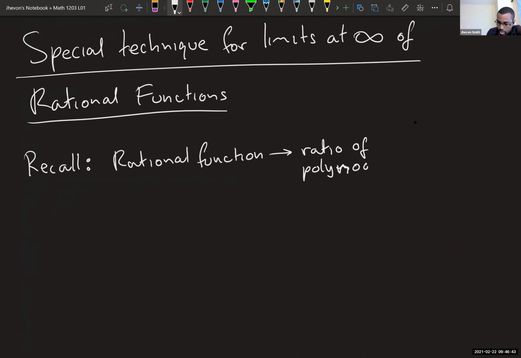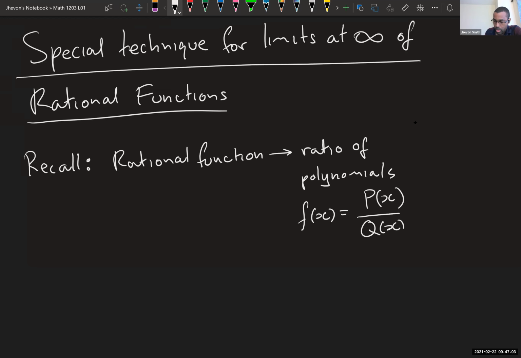Can't let anyone know I had trouble writing the word polynomials. They'll eject me from the Math Society. Okay, ratio of polynomials. So this means it's a function that looks like P of x over Q of x, where P and Q are polynomials.